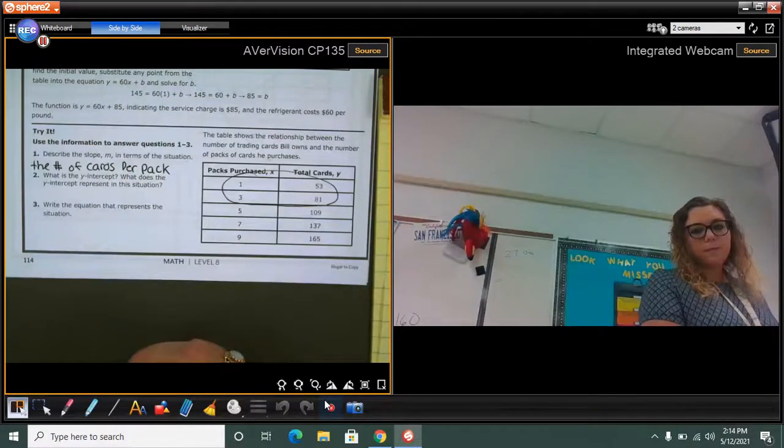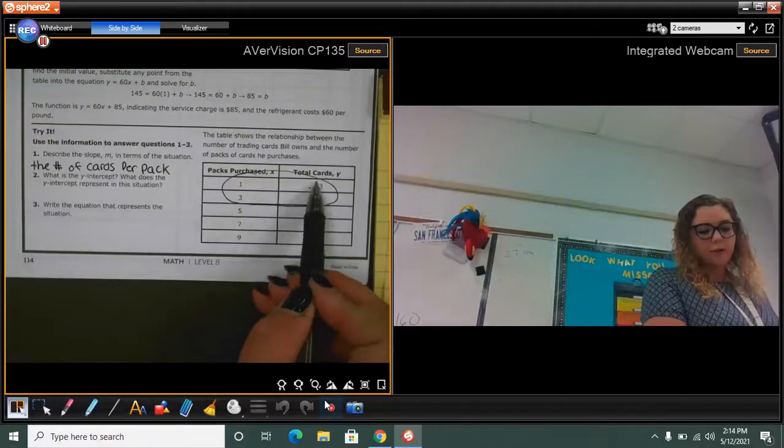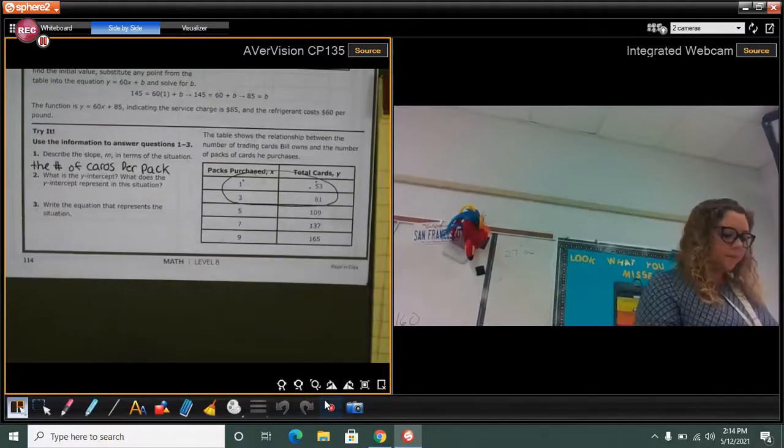So the ratio is the total cards to a pack. Okay, what is the y-intercept? What does it mean?